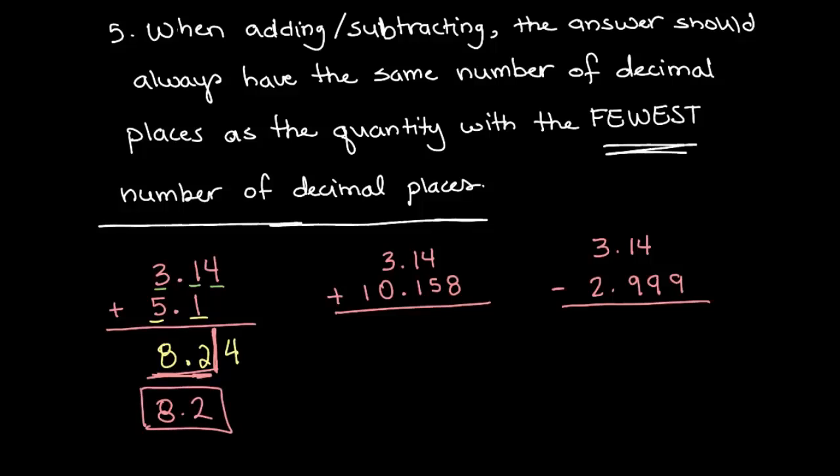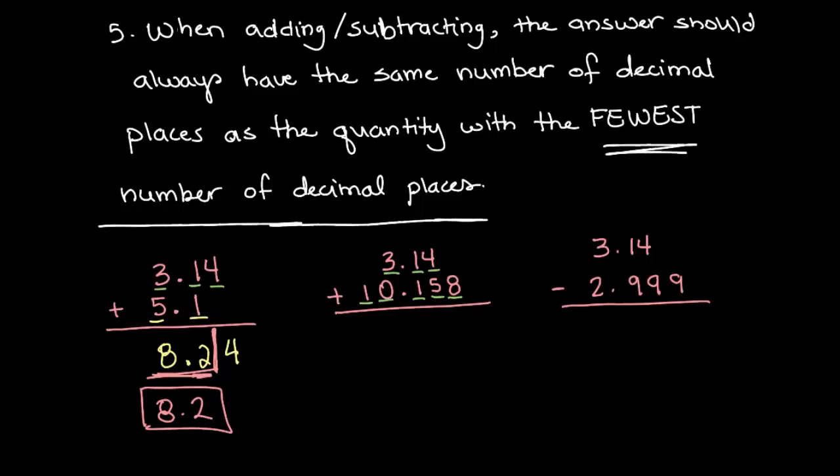So our final answer would be again 8.2. Okay, so moving on to the next one. Same thing. Even though 3.14 has 3 significant figures and 2 decimal places, and 10.158 has 3 decimal places and 5 significant figures, we will only write to 2 decimal places.